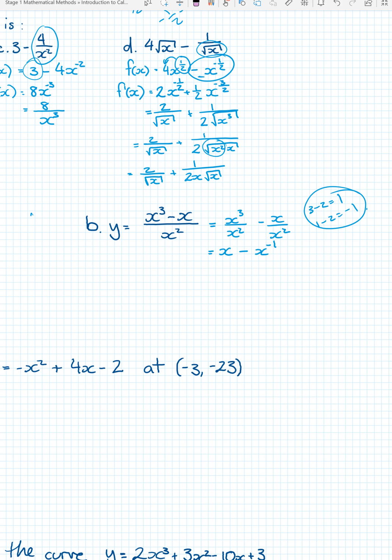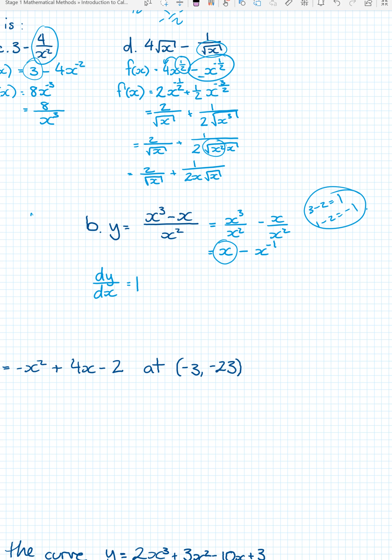So now that we've done that and we've got an expression that we can work with, we can find the derivative dy dx. And using our rule, x, the first term here, x is to the power of 1, so it's 1 times, and then 1 subtract 1 is 0, so we're left with x to the power of 0, and as we know, anything to the power of 0 is 1, so we're left with 1 times 1, which is 1.